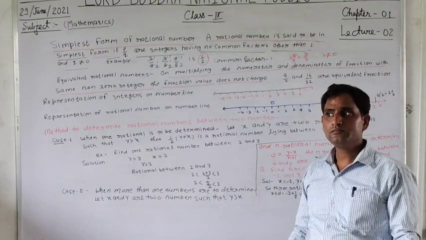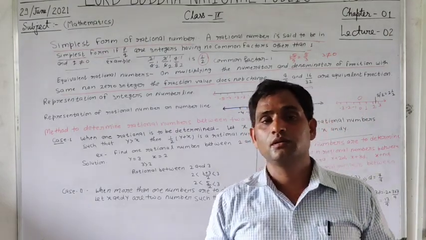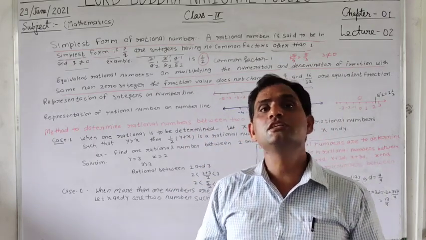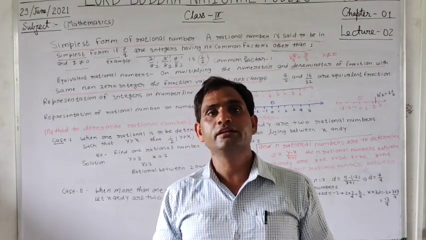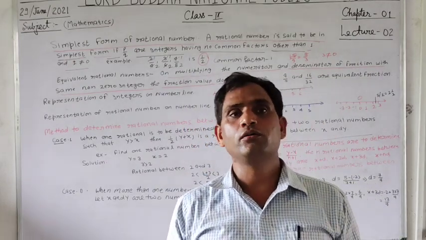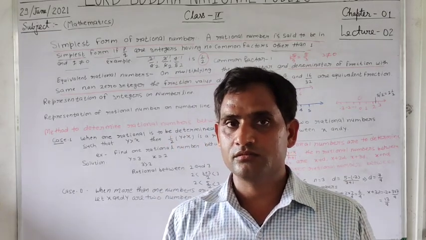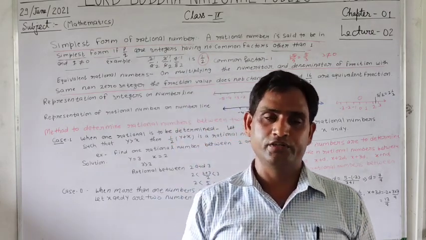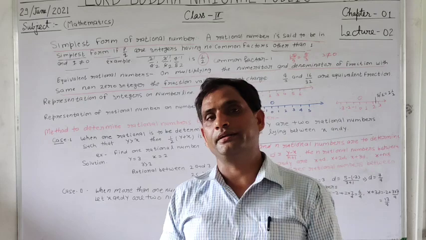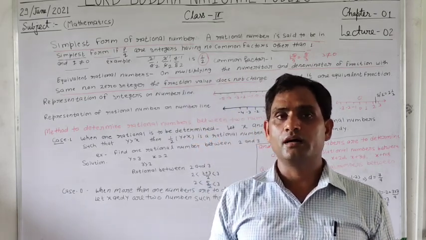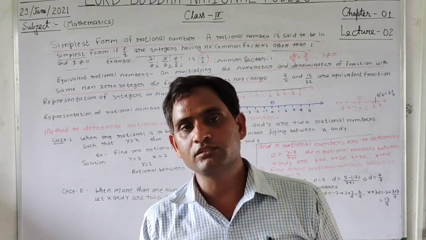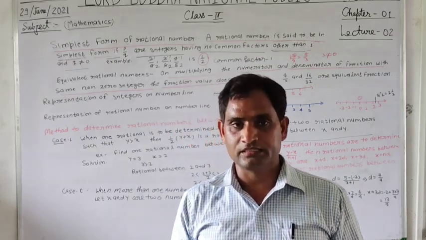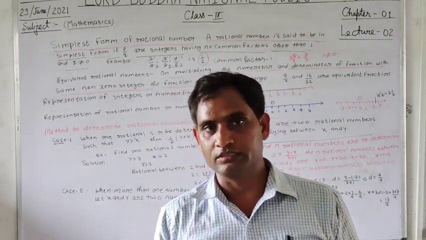It means that if a rational number is given and we multiply the same integer to the numerator and denominator, then the value of the fraction does not change. The rational number obtained after multiplying the same number to numerator and denominator is called an equivalent rational number to the given rational number. We can find a number of equivalent rational numbers to a given rational number.